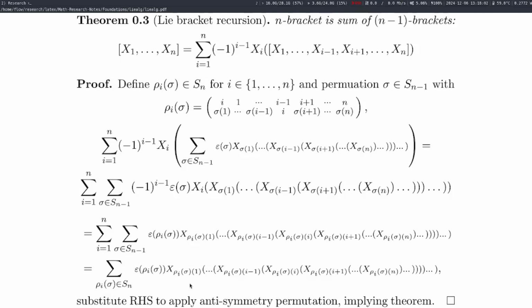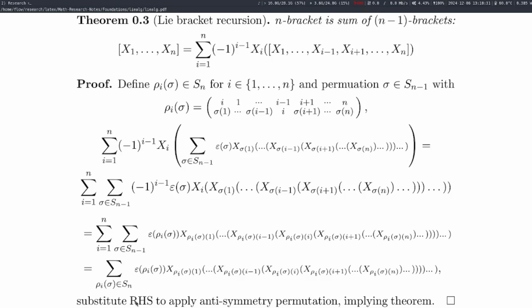And now what we have is basically the definition of the multilinear Lie bracket. This is just a definition I gave in the beginning, but now it's over rho I of sigma, which is just like the theorem of the antisymmetry we talked about.